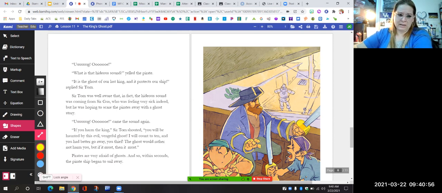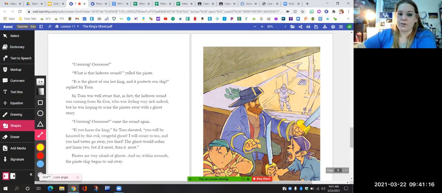Came the sound again. "If you harm the king," Sir Tom shouted, "you will be haunted by this evil, vengeful ghost. I will count 10, and you had better go away, you thief. The ghost would rather not harm you, but if he must, then he must."